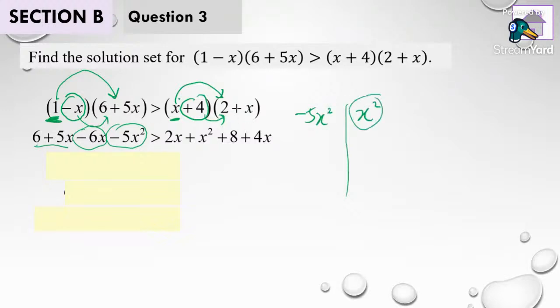So if I want to have this rearranged to the left, I will have minus 5x squared minus x squared. Then the x terms: on the left, I have 5x minus 6x. On the right, 2x plus 4x. Simplify it, I have minus x. Simplify it, I have 6x.